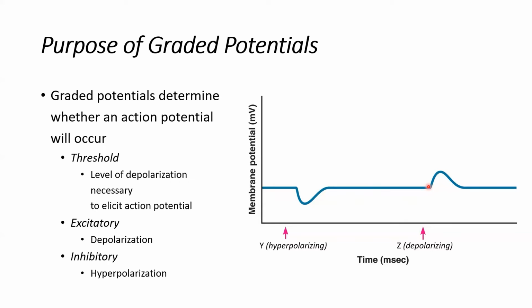It's going to go from negative 70 to negative 60, right, to negative 55, and then we can fire an action potential. So there are different directions in the membrane potential change. Therefore, there are different types of graded potentials, but only the depolarizing graded potentials get us closer to threshold, which gets us closer to an action potential.